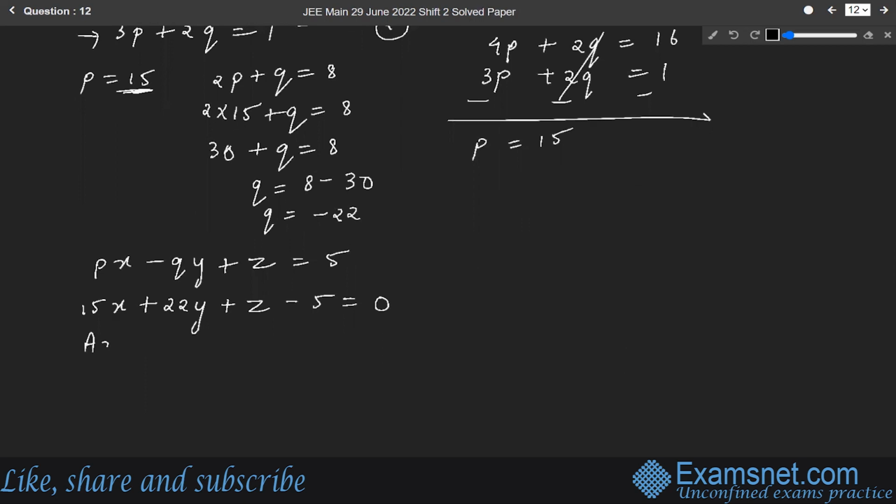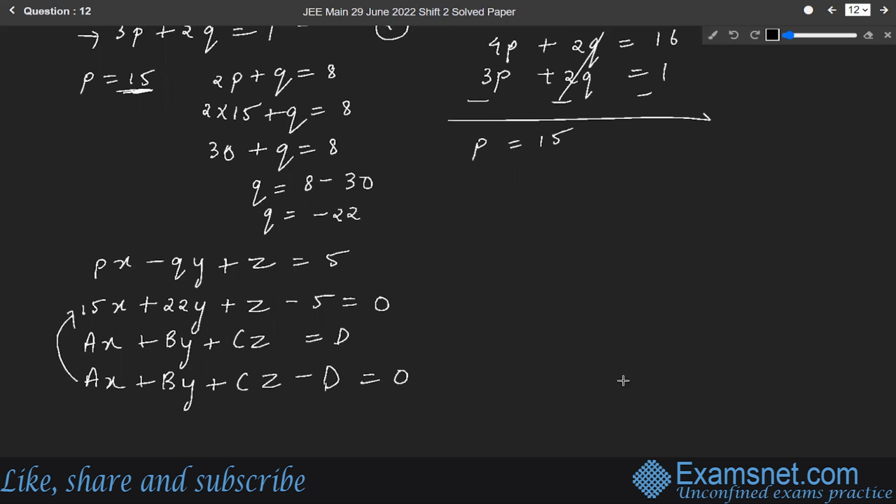It is in the form of ax plus by plus cz is equal to d, or we can say ax plus by plus cz minus d is equal to 0, right? So from here we can get the value of a, b, c and d.